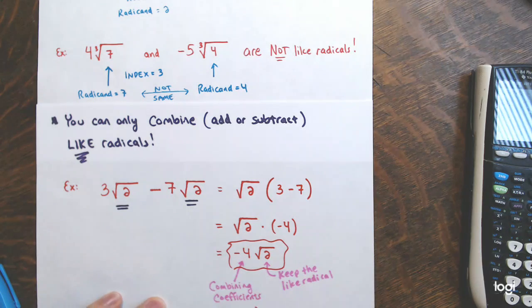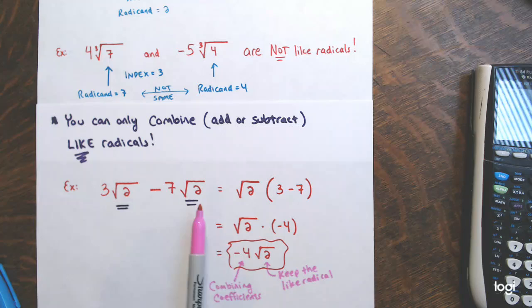Because if I keep the square root of 2, the like radical, this negative 4 is just what I get when I combine the non-radical parts, 3 minus 7, negative 4. You can think of it that way as well.